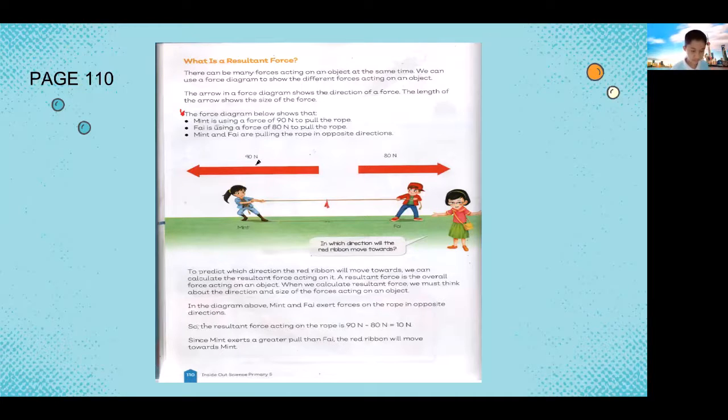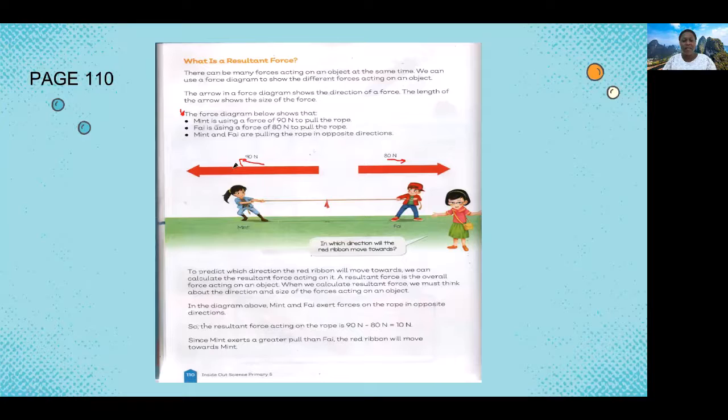This one is pulling towards this direction, and Faye is pulling in that direction.